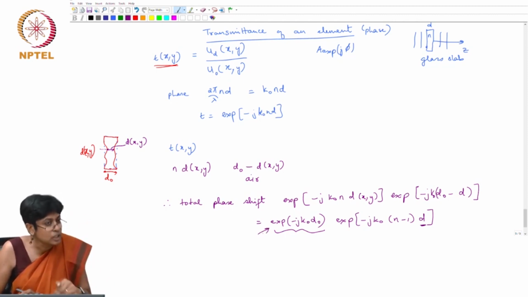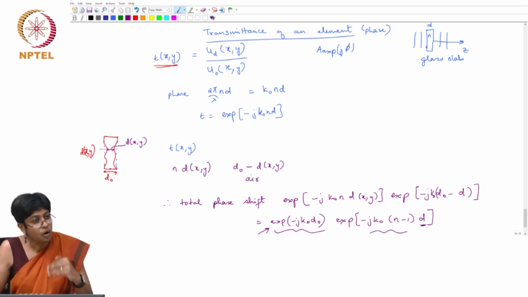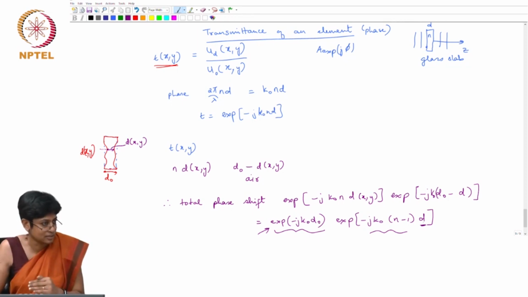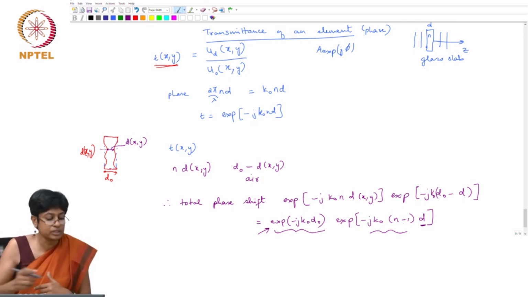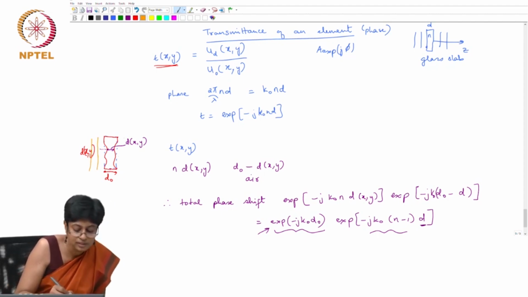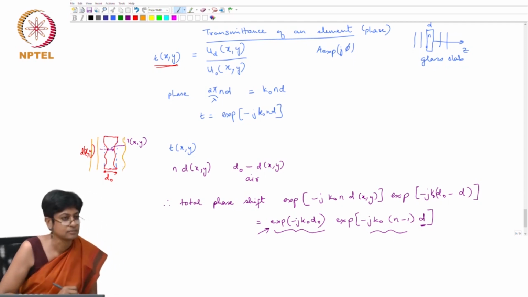What is actually causing the change is this variation, because some parts of the beam see a thickness of some d of x and y, and at other places it's seeing a different thickness, a different d. And this is what is going to change the wavefront. So before this, if I had a plane wave, you would have had waves with this wavefront coming, and after this it's going to do something like this.